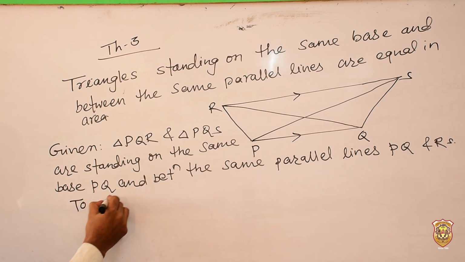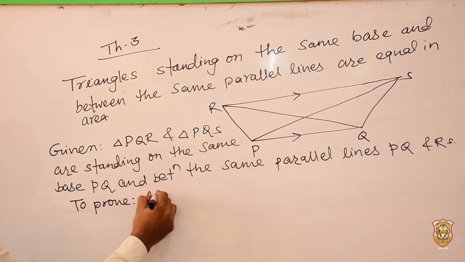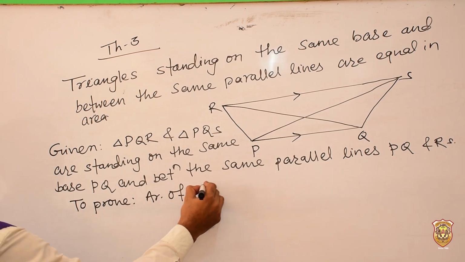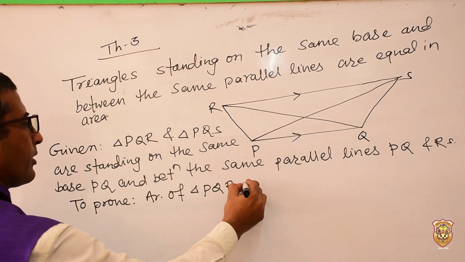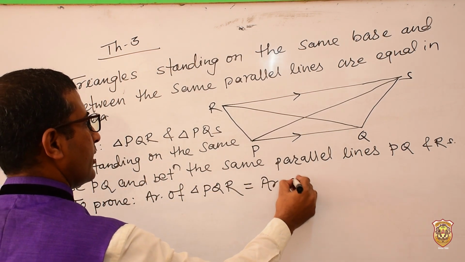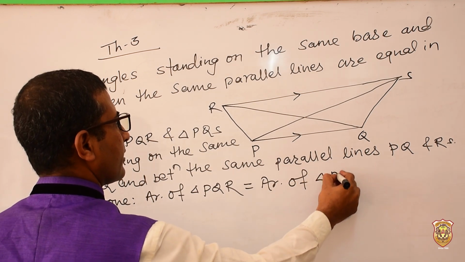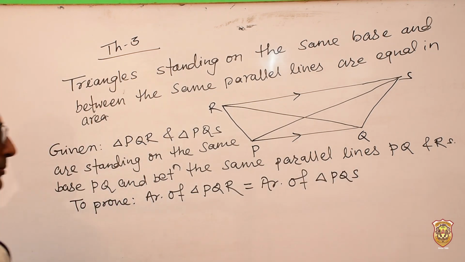We have to prove area of triangle PQR is equal to area of triangle PQS.